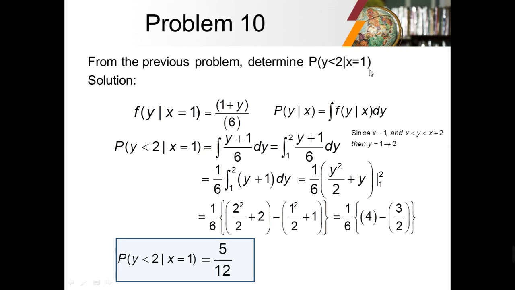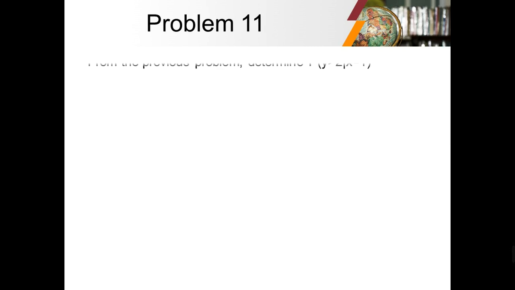So, given that x is equal to 1, the probability that y is less than 2 is equal to 1 minus... Or if we reverse it, what we are looking for is the probability that y is greater than 2 given x is equal to 1. So, that would be 1 minus the probability that y is less than 2 given x is equal to 1. Because it is the opposite. Remember the complement of the probability.